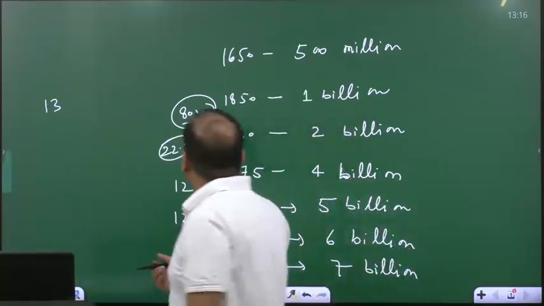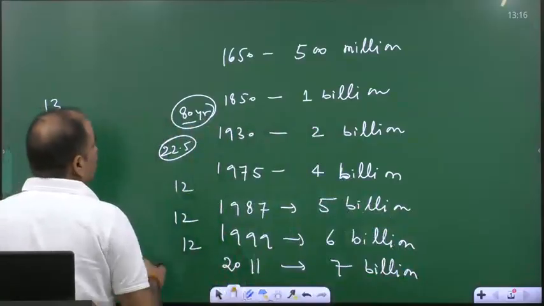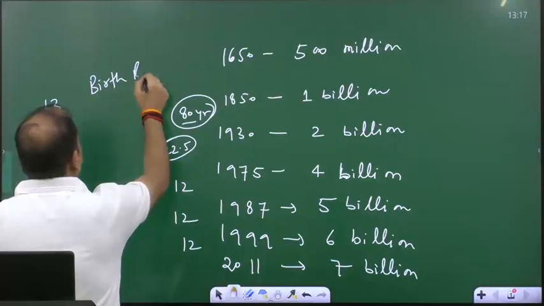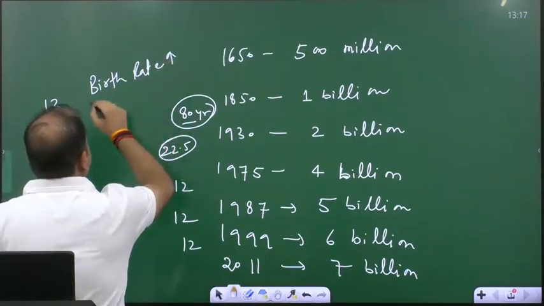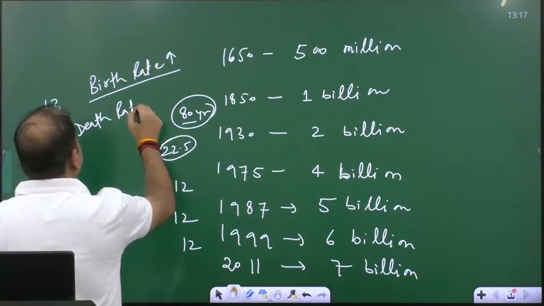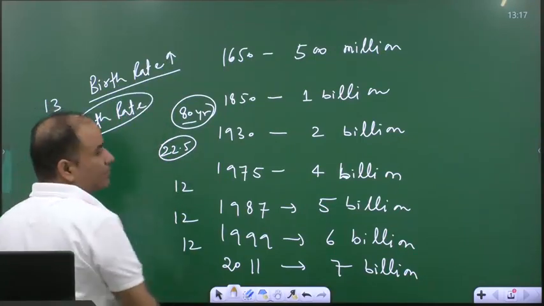So earlier, almost right from 1850, you will find birth rate was very high, but in that time period death rate was also very high.